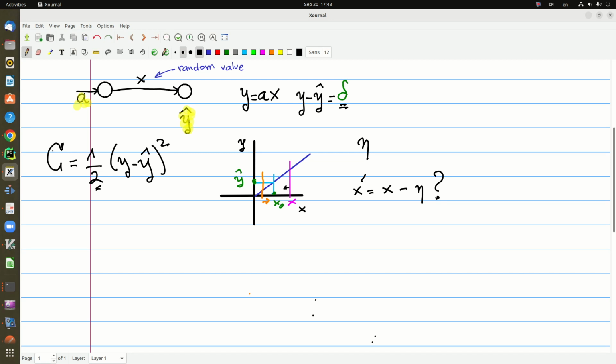If we have a way to say that the cost is, for example, decreasing when x moves a little bit, increases a little bit, or vice versa, then we have a good way to define this question mark here.